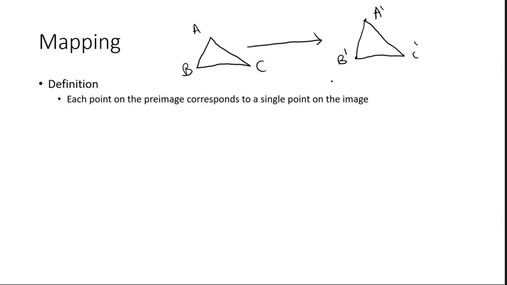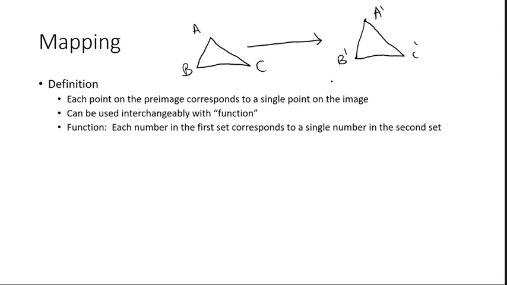And this term can be used interchangeably with the word function. So in algebra, we use the word function to show a mapping of different numbers, and a mapping is maybe more specifically geared towards geometry. So mapping is more like a geometry term, function is more of an algebra term, but they're used interchangeably because they really have the same idea behind it.